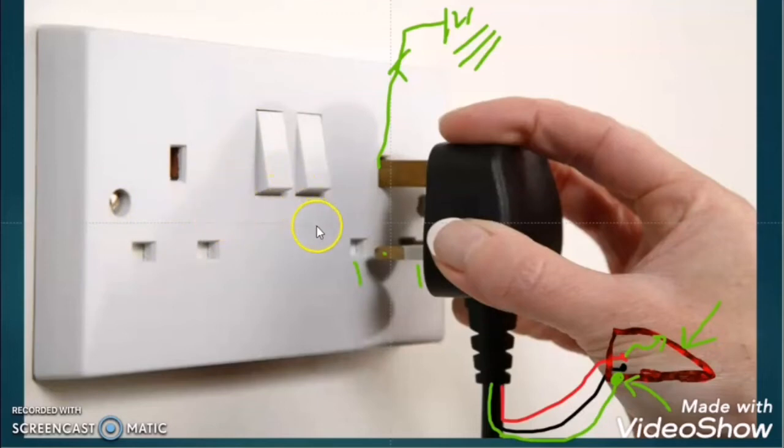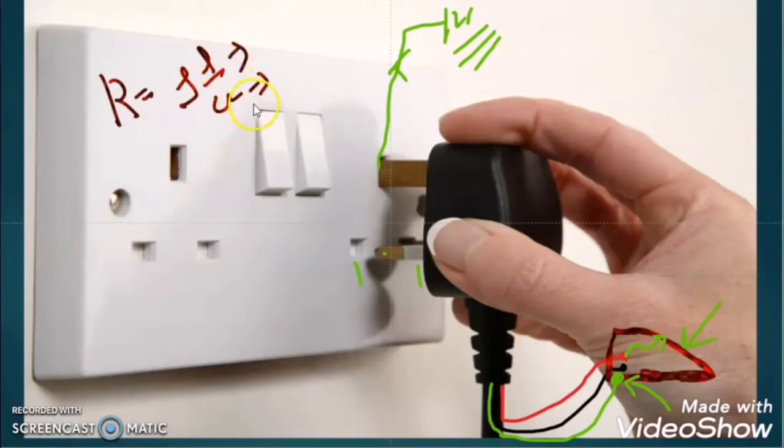Now the second reason is a conceptual reason: R is equal to rho into L by A. I can write here, resistance R is equal to rho into L by A, where L is the length and A is the cross section area. If the cross section area is more, then the resistance will be less, because R and A are inversely proportional to each other.